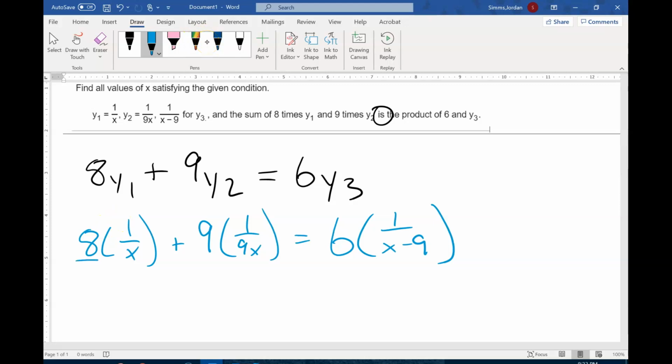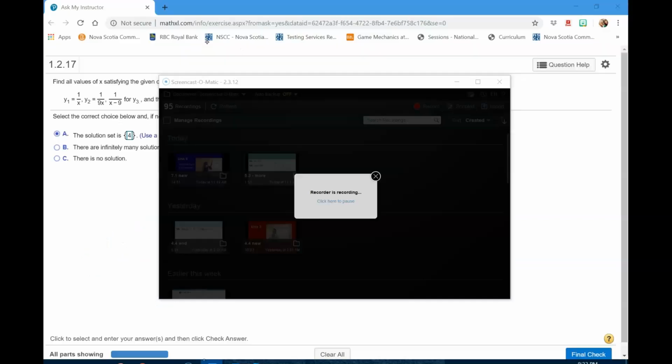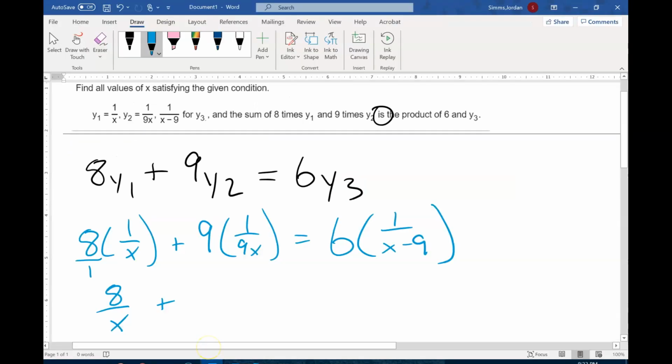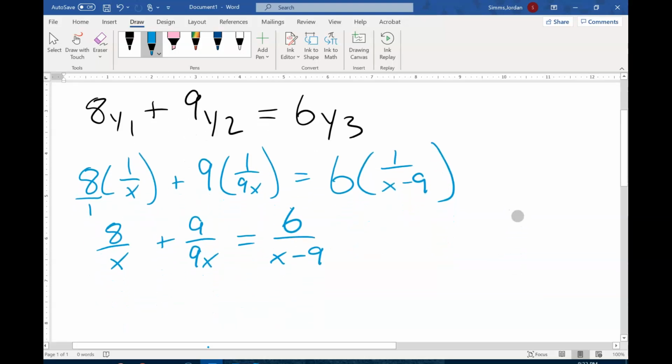We can think of this as a fraction over 1. So effectively, this is going to be 8 over x plus 9 over 9x equals 6 over x minus 9. Okay, so I just multiplied that out.